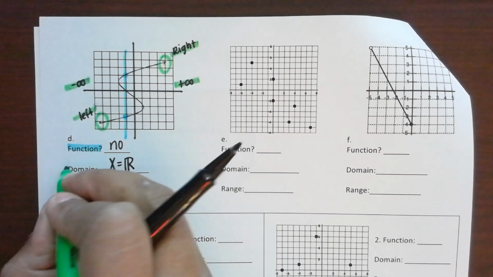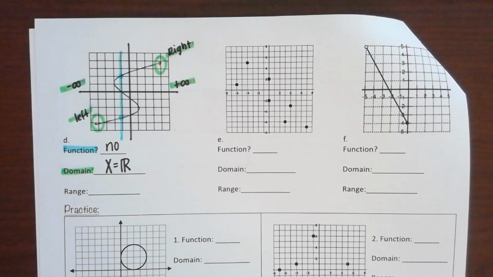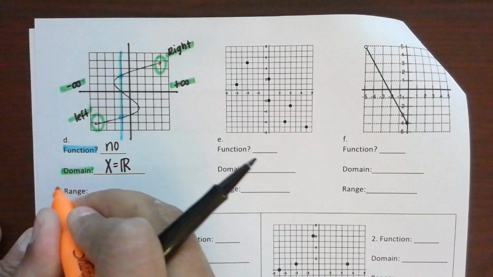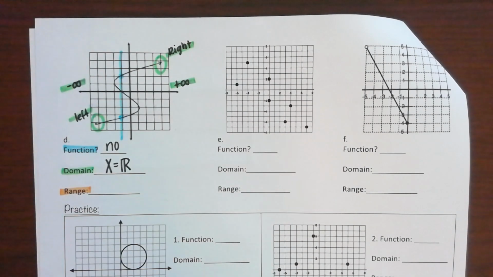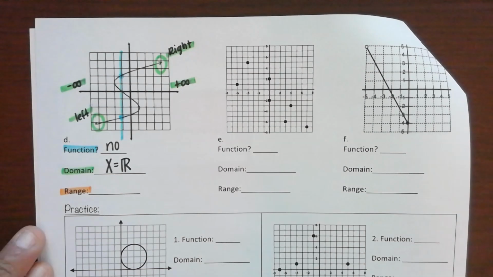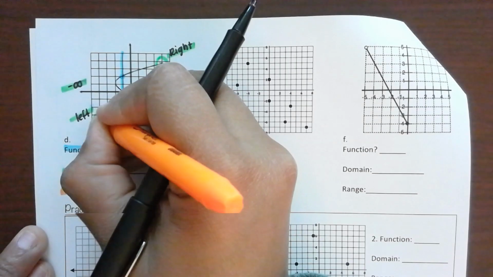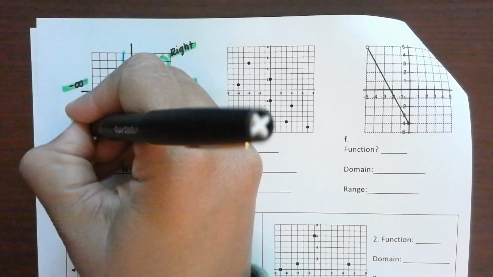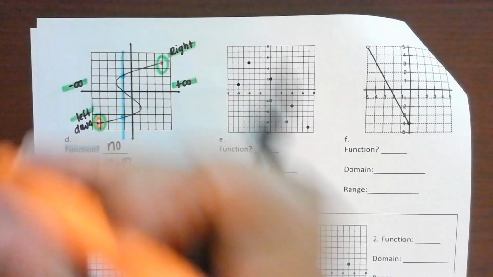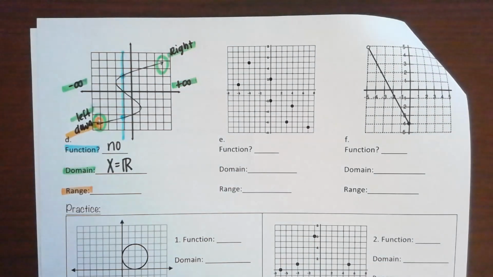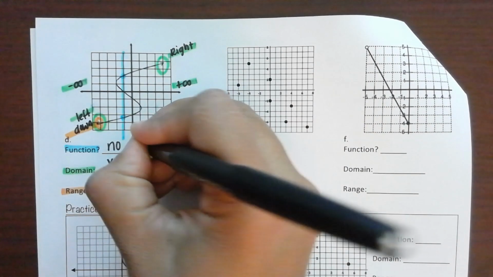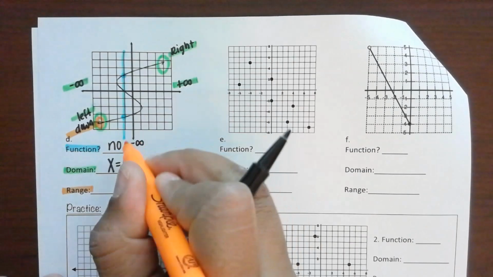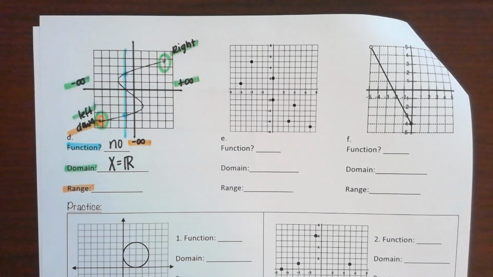Looking at range. Bottommost number. Because where is this arrow going? Downwards. Towards. There we go. Where is the topmost value?